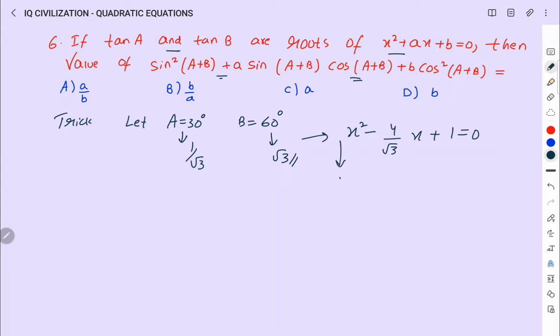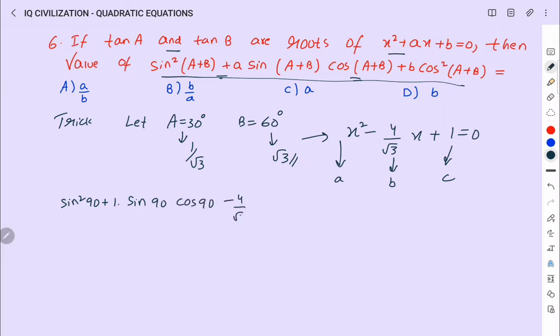So here my A is 1, this is my B and this is my C. Now just substitute in this. What I'll get: sine square of (A plus B, means 90), plus A into, A is 1, so 1 into sine of again 90 into cos 90, plus B, here minus 4 by root 3, into cos square 90.